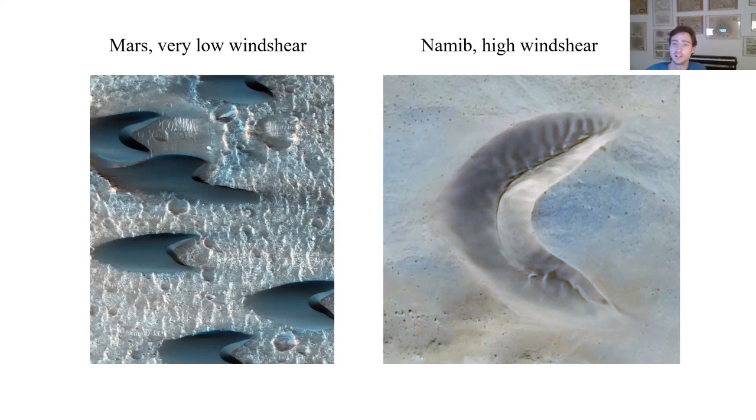And that results in these extremely low gradient Barkhan dunes. So that's an indication that these geometric equations that we're deriving have some universal properties, right? I mean, geometry basically happens everywhere, equally on Mars as it does on Earth. So it shows you that we can use these equations across a really broad range of different environments.